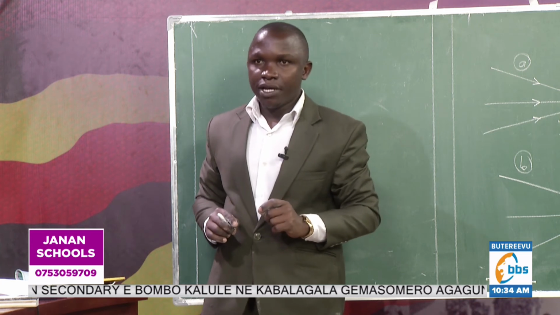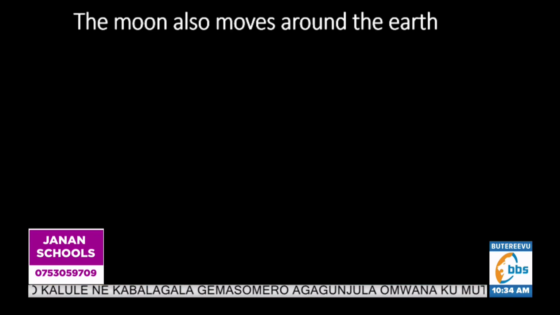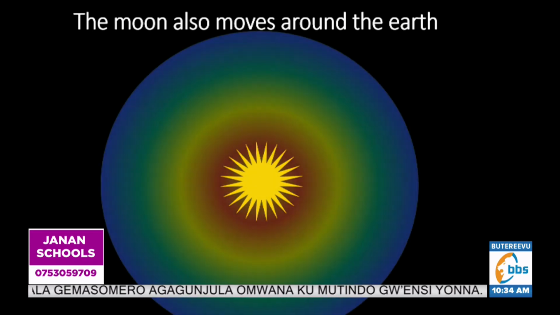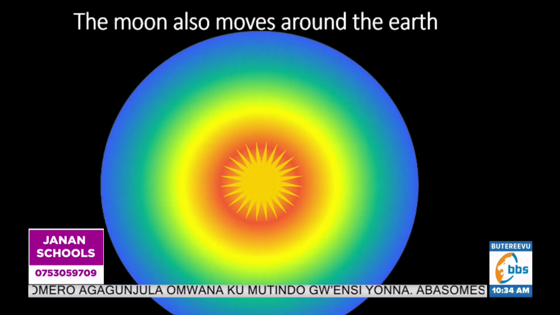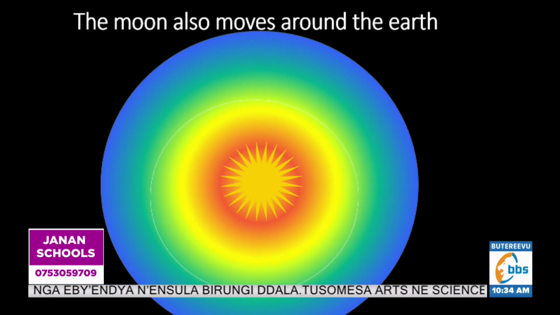Is that okay? Now, let's see that still. That is how the Moon moves around the Earth. The Moon moves around the Earth, and the Earth moves around the what? The Sun. Now, the Sun actually is the biggest planet there, and it has lived for about 4,603 billion years.